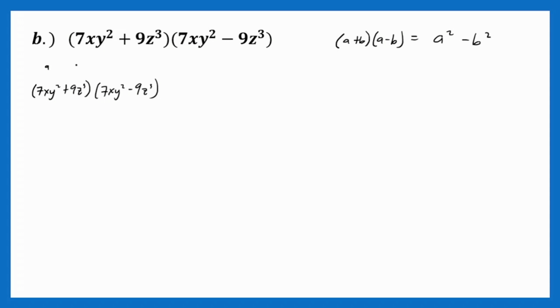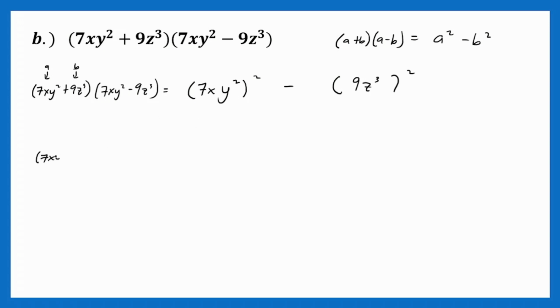So this is a, this is b. So yung pattern natin, lagay ka dyan, minus, lagay ka dyan ng ganito, ipasok mo yung a. That's 7xy squared. Ipasok ko rin yung b dun sa kabila. That's 9z cubed. Okay, solve natin.